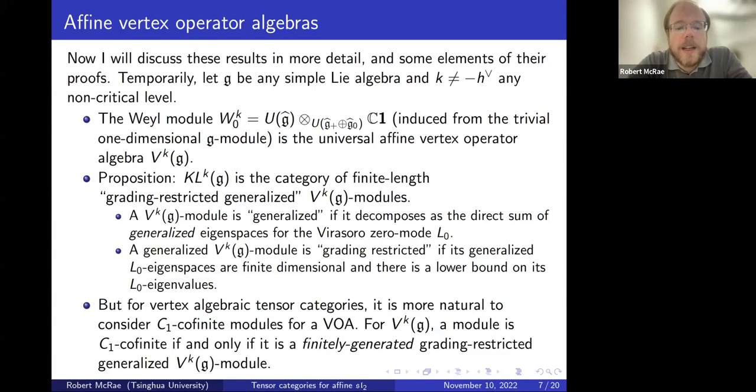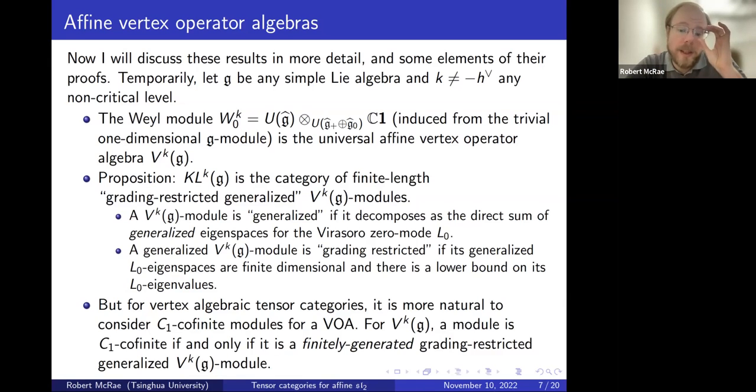It's the category of finite length modules which are grading restricted and generalized. Generalized here means that the module decomposes into generalized eigenspaces for the Virasoro operator L0. And grading restricted means that these L0 eigenspaces, or generalized eigenspaces, are finite dimensional, and also there's some lower bound on the possible L0 eigenvalues.